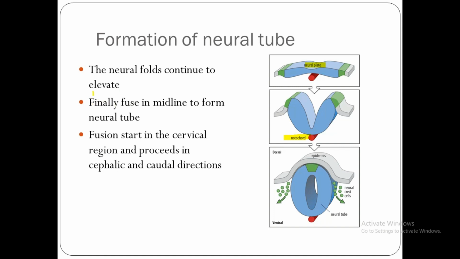This cleft is known as neural fold. And finally, it starts fusing in the midline to form the neural tube. Slowly from cranial to the caudal direction as we go, we will see that fusion starts first in the cervical region, and then it proceeds toward the cephalic and the caudal directions.